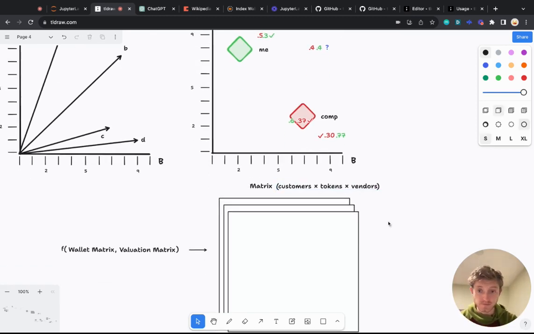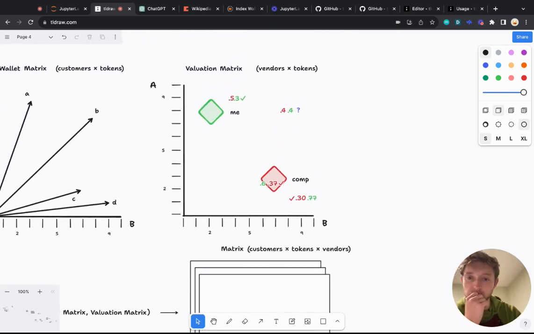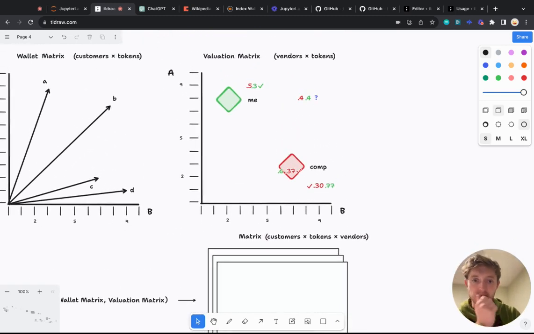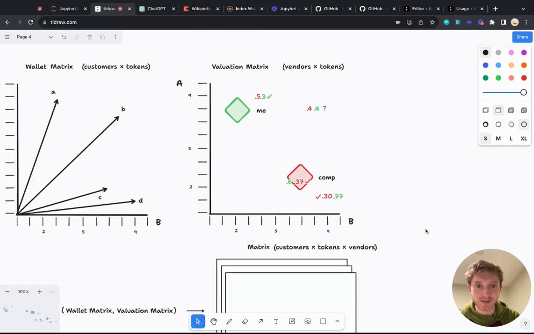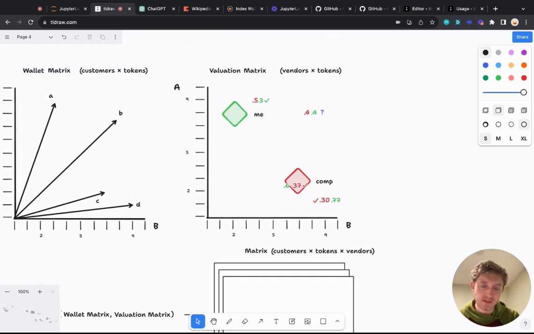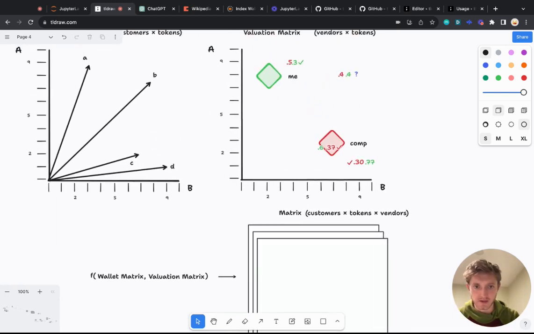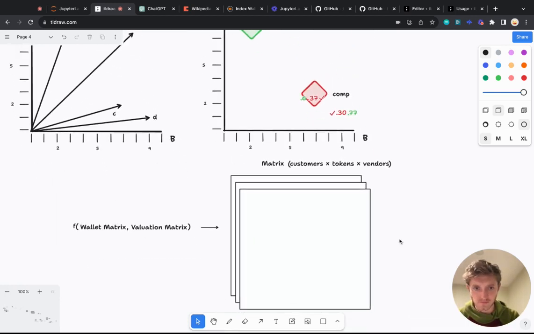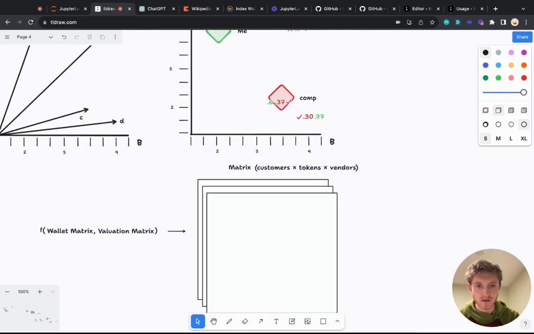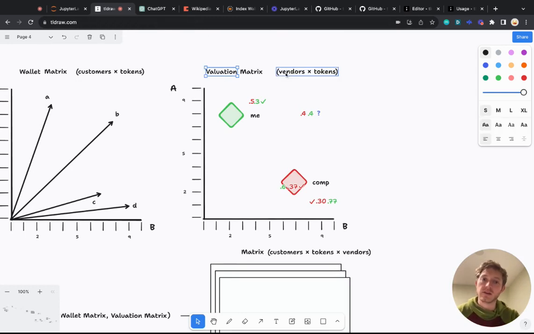Okay. Ordering normally matters here. I can't remember what order you put these in, if it's row, then column, or column, then row. But you get the idea. So it might not be right to call these vendors.